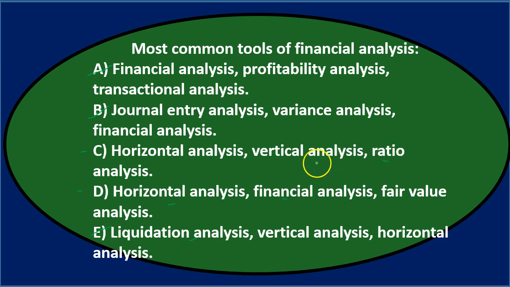And if horizontal analysis is one of them, vertical analysis should sound familiar. That's the other thing we typically use. If horizontal is down here, you would think vertical would be one of them as well, and it is up here. So I think we can cross out D and say that C is our final answer. Most common tools of financial analysis: C, horizontal analysis, vertical analysis, and ratio analysis.